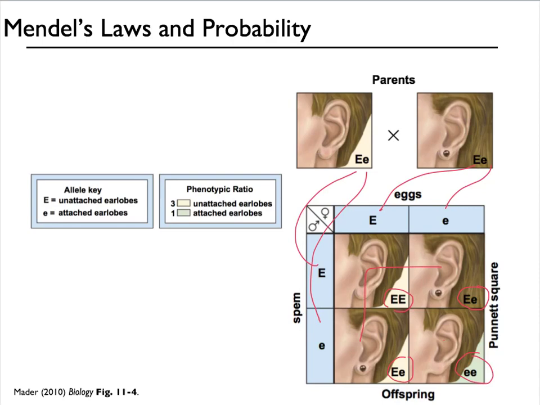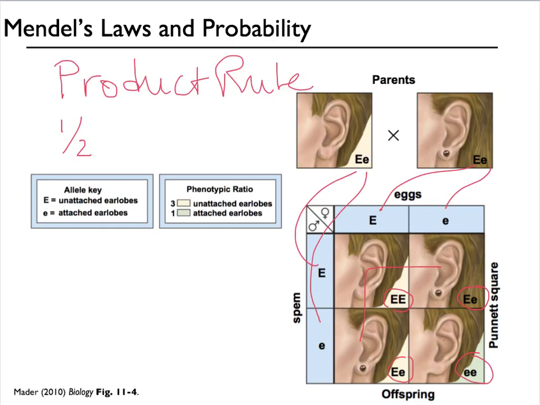We can apply a couple of probability rules. The first one is the product rule, and this is really looking at genotype. And what we can say is that because an individual in the progeny has 1/2 chance of getting big E from father and 1/2 chance of getting big E from mother, they have a 1/4 chance then, if you multiply these together to get the product, of having big E, big E, or being homozygous dominant.